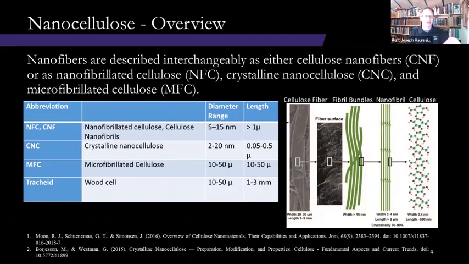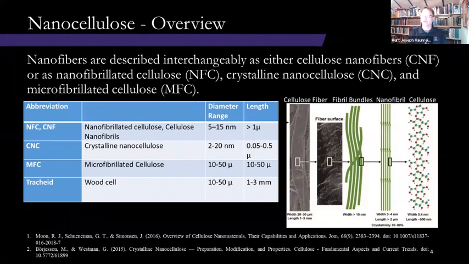So I've got this table here. You see the abbreviation NFC, CNF, nanofibrillated cellulose, or cellulose nanofibrils. They range in diameter between 5 and 15 nanometers. Right. So the key word there is nano. You're at the nanoscale. Lengths can be upwards of greater than 1 micron.